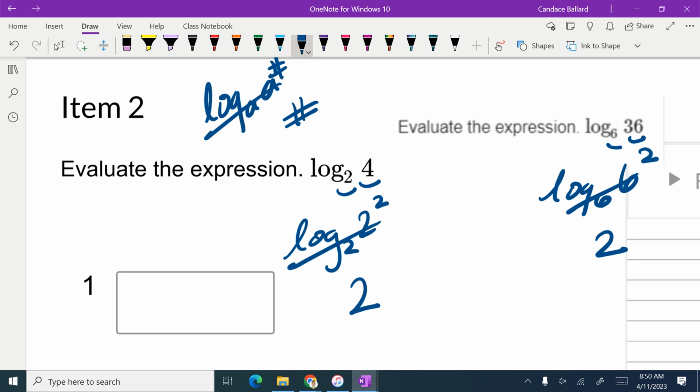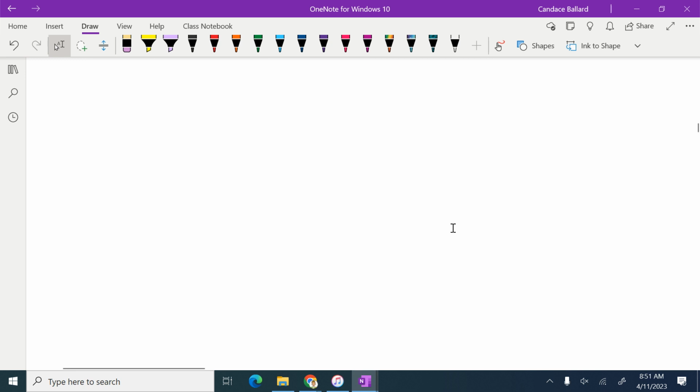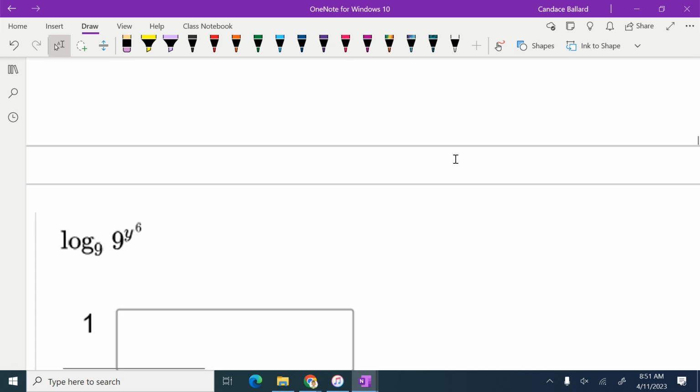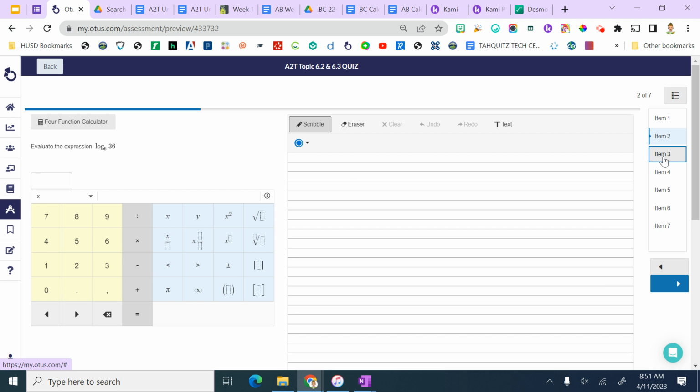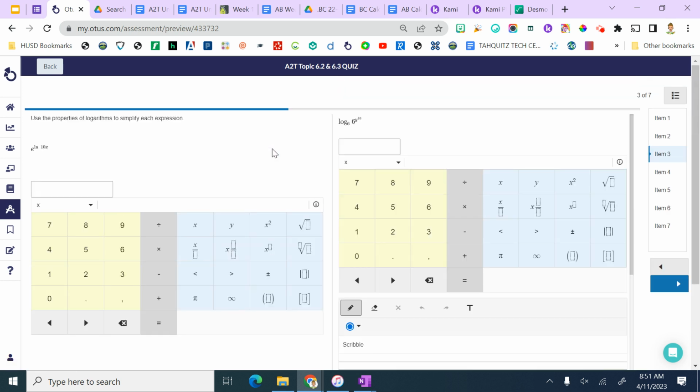So if you got it wrong, write down what you did wrong. Right now, write down what you did wrong. Let me make sure that this is... Let me find item 3. Clumsy properties to simplify.